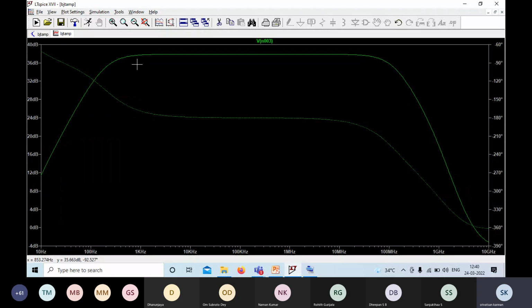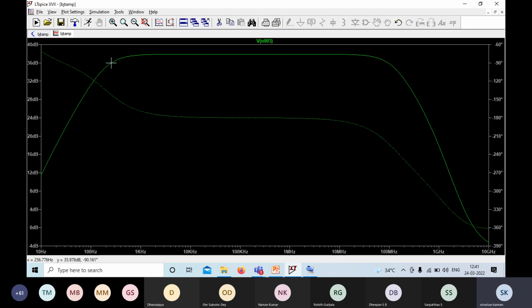Yes, sir. So now how will you calculate the bandwidth for this? You have to find the 3 dB line, right? The highest gain here is 37, so 37 minus 3 is 35, right? So place the cursor at 35. What is the exact x-axis value? It's 256.77 hertz.